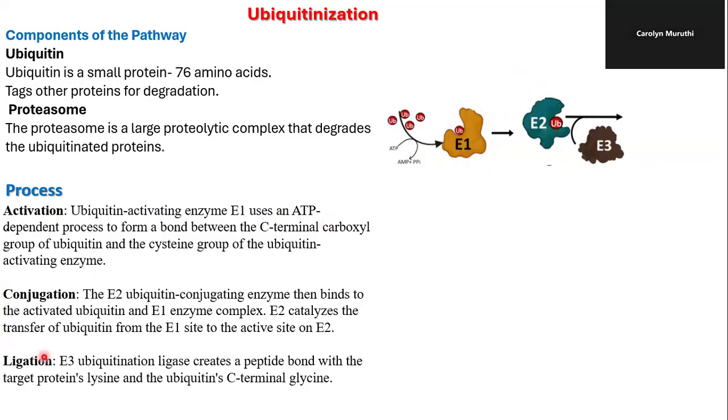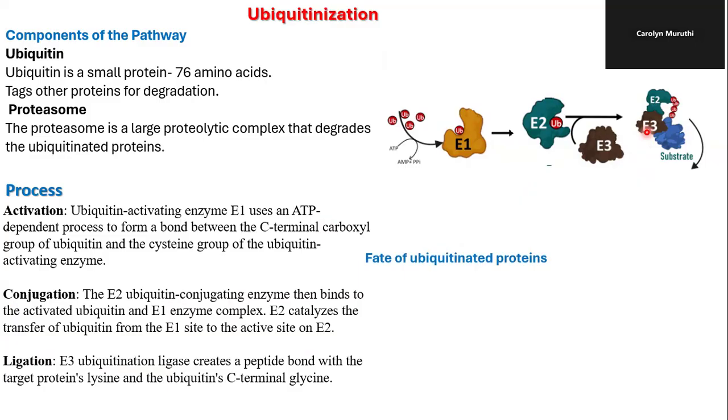Finally, we have ligation, where E3 ubiquitin ligase creates a peptide bond between the target protein's lysine and the ubiquitin C-terminal glycine. So now the protein is ubiquitinated.